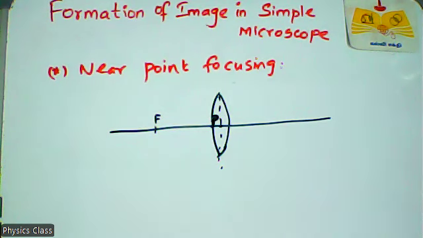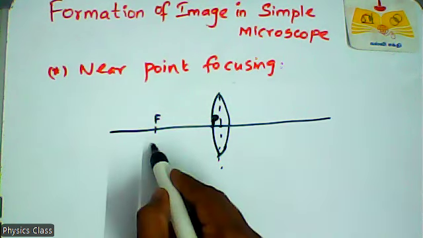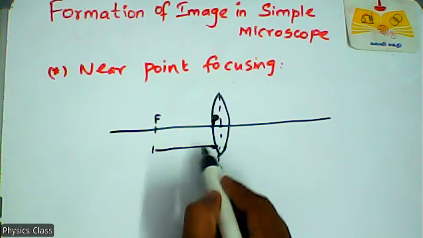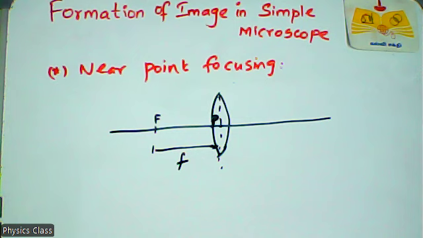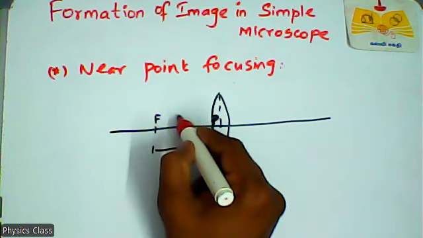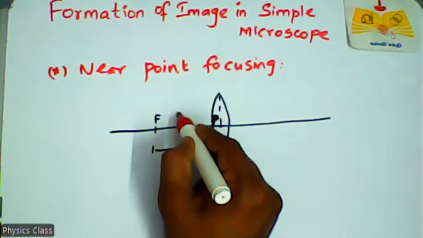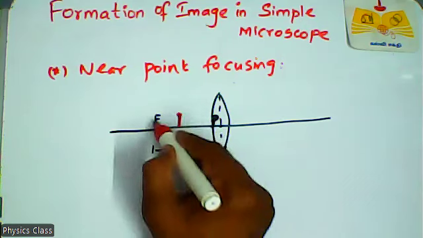The distance between focus and pole, we already know, is the focal length f. So the object must be placed in front of this lens, but in between F and P.